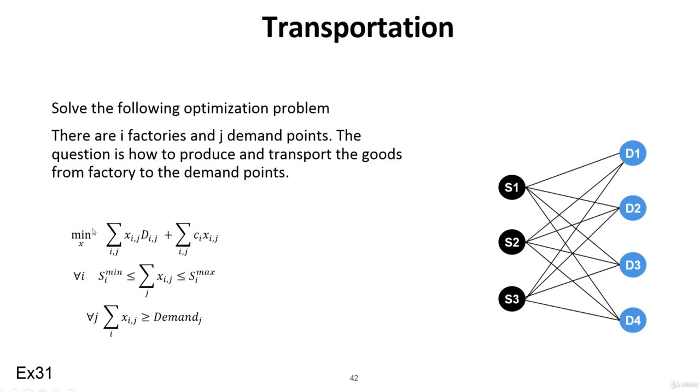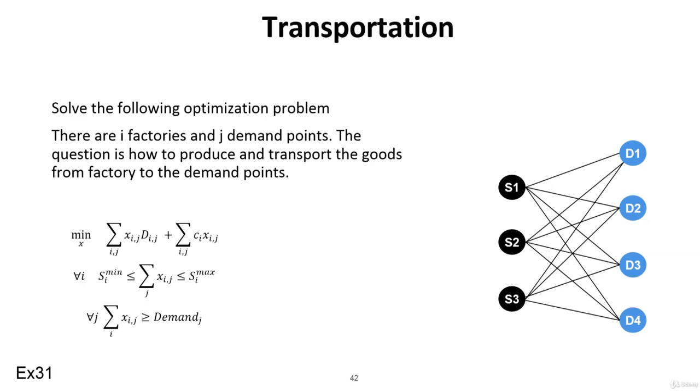This is the transportation cost and this is the production cost. And also there is another thing that should be satisfied, that is that the capacity of the factories is limited and they should produce between some specific ranges, and also the demand at each point should be satisfied.